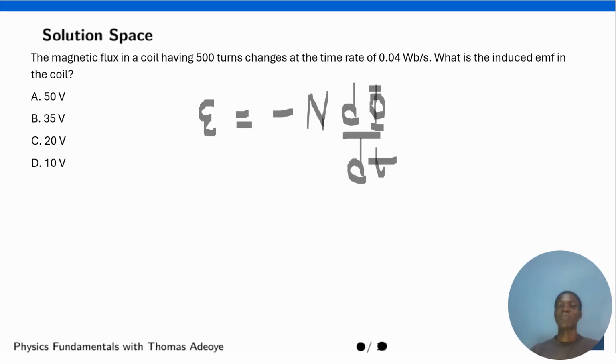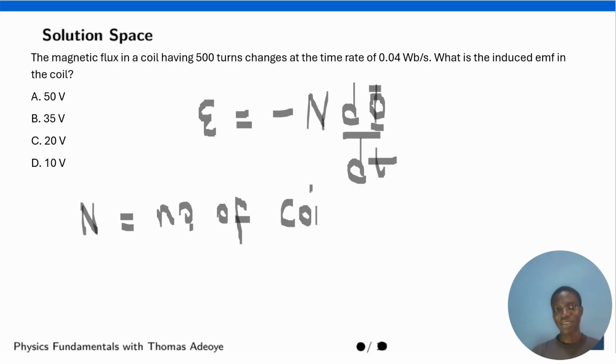So n is the number of turns in the coil. If you have a coil, coils usually have turns. So the number of turns is n. Oh, sorry, I wrote number of coil. That's not true.